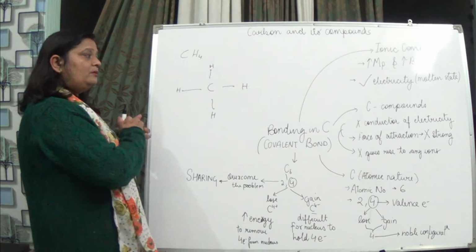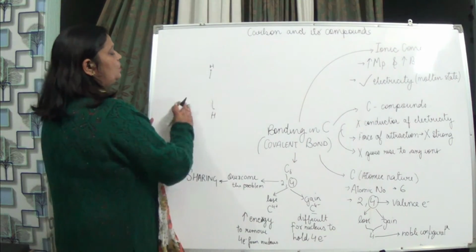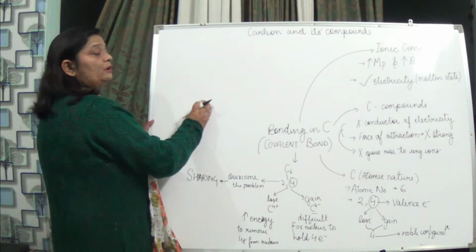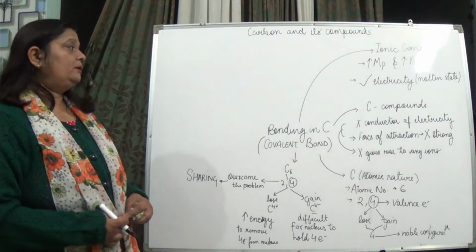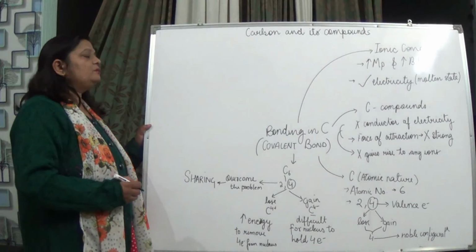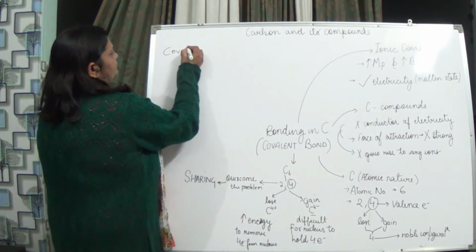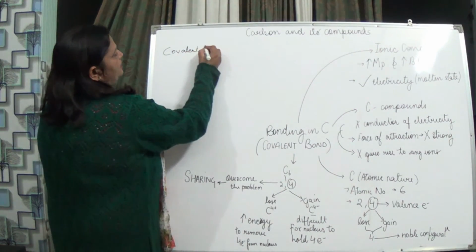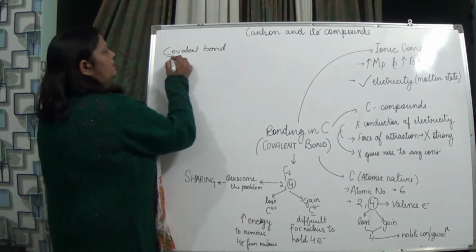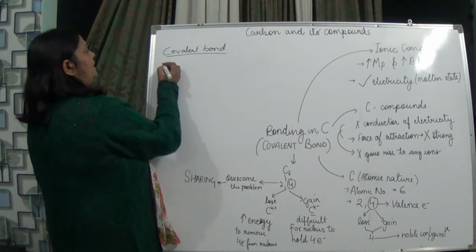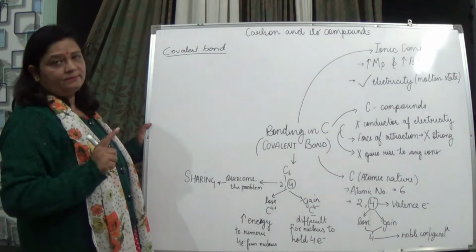When we talk about the covalent bond, it is also of 2 types: homoatomic covalent bond and heteroatomic covalent bond. Now let us study covalent bond formation. Covalent bonds are of 3 types: single, double and triple covalent bonds.